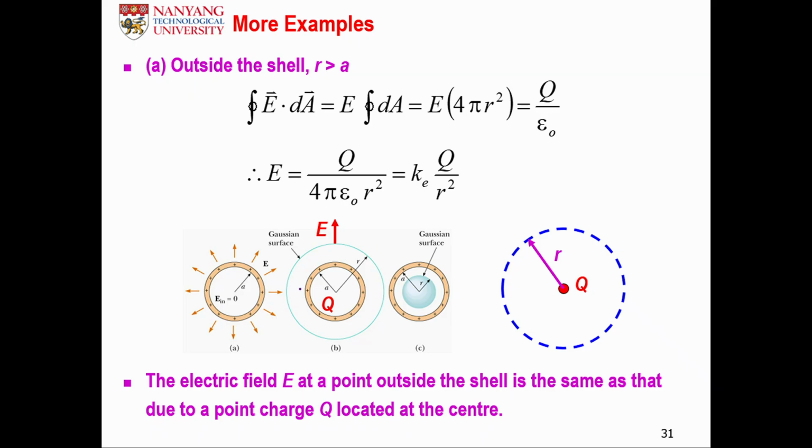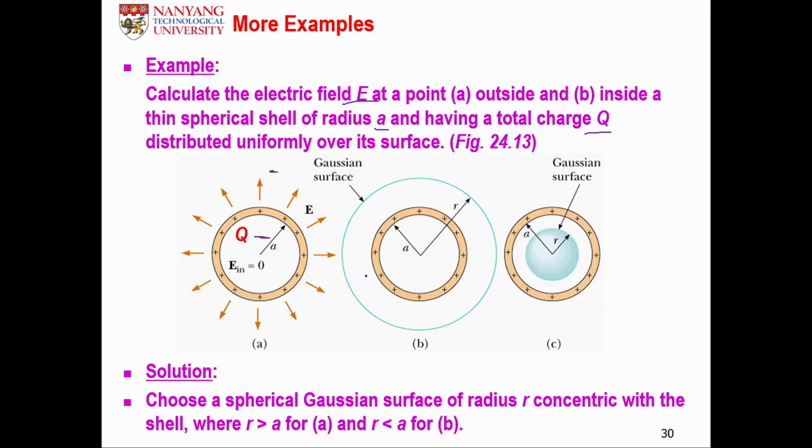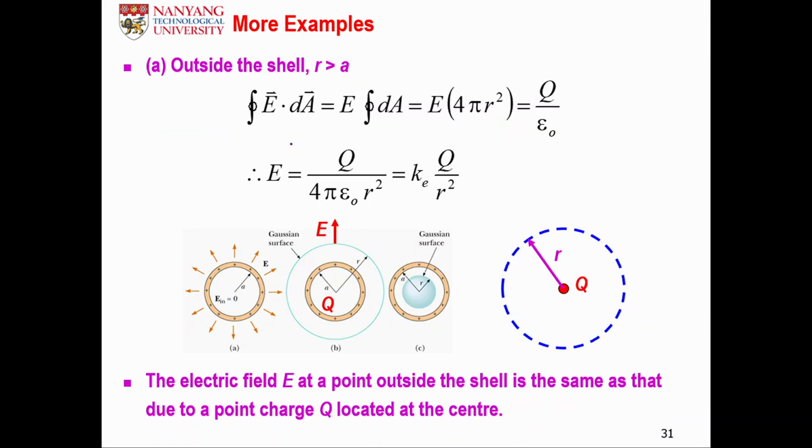The Gaussian sphere outside this spherical shell, right? And you can apply Gauss's law: the flux of E equals the integration of E dot dA, and that equals Q in divided by epsilon naught.